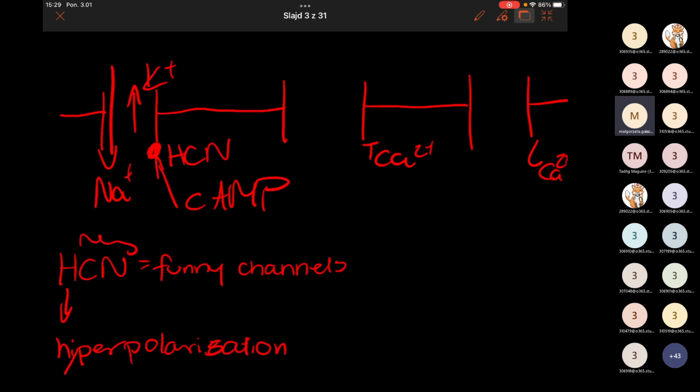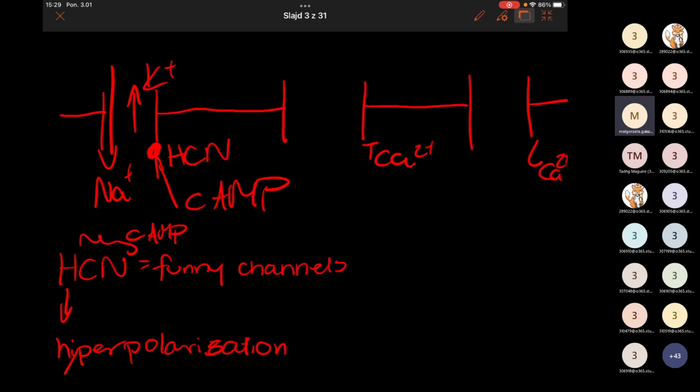CN stands for cyclic nucleotides, such as cyclic AMP. Okay, so funny channels, HCN channels, are activated by negative membrane potential and cyclic nucleotide.